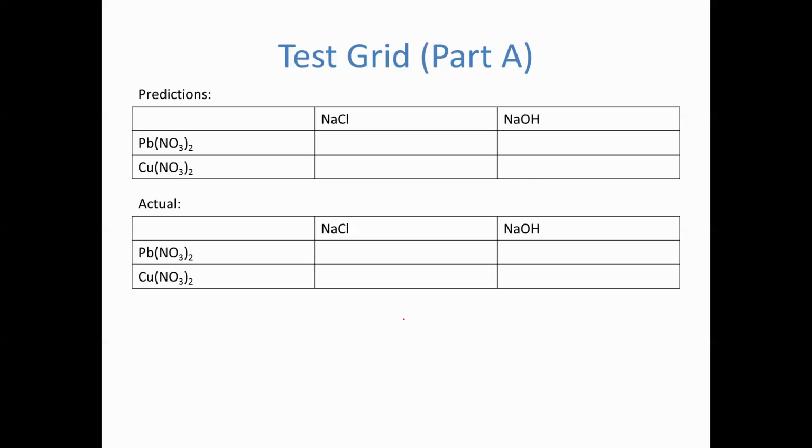Now, let's take a look at some mock data here. If we use our solubility rules, lead with chloride should produce a precipitate; it should be insoluble. So this one would form a precipitate according to the solubility rules. Hydroxides are insoluble with most metals, so lead hydroxide should be insoluble, meaning we should make a precipitate.